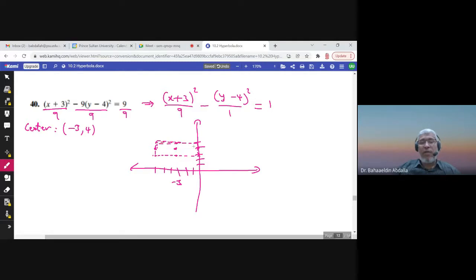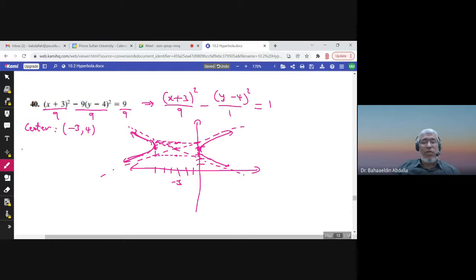This is the fundamental rectangle. These are the asymptotes. It is a horizontal hyperbola. So that's the graph of the hyperbola.